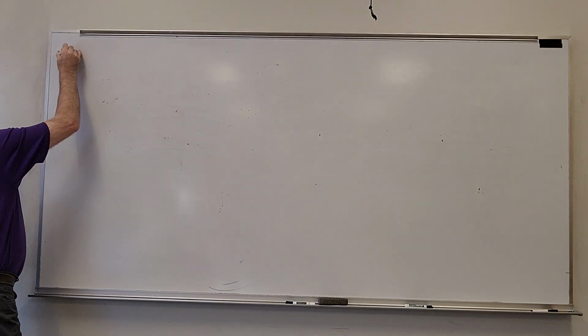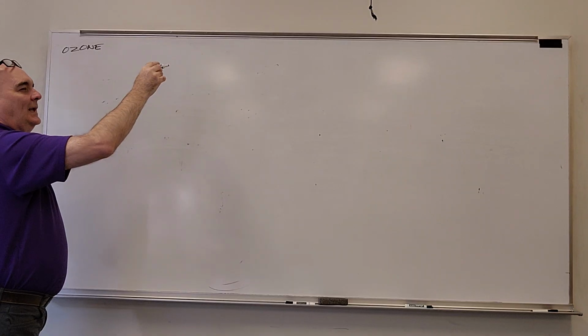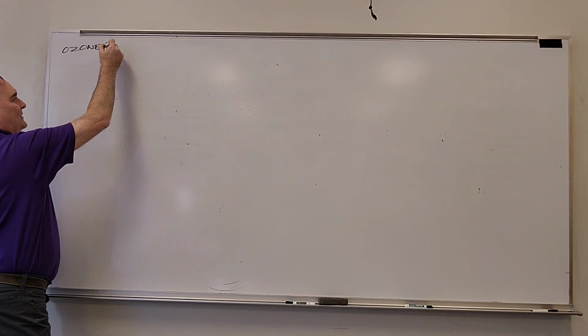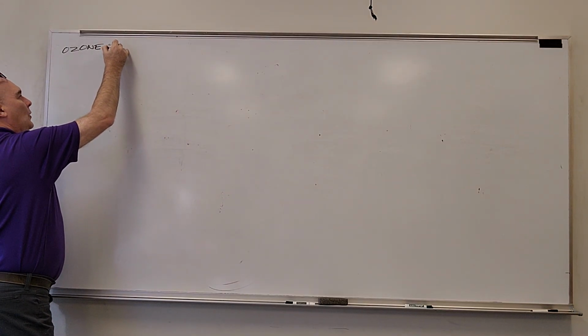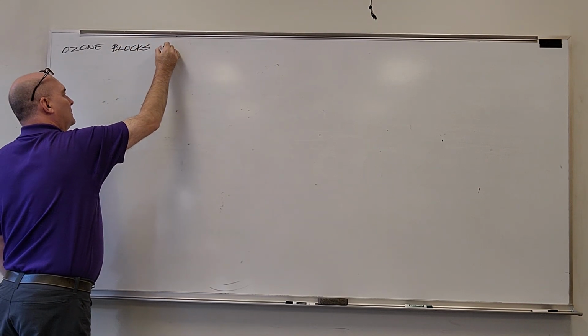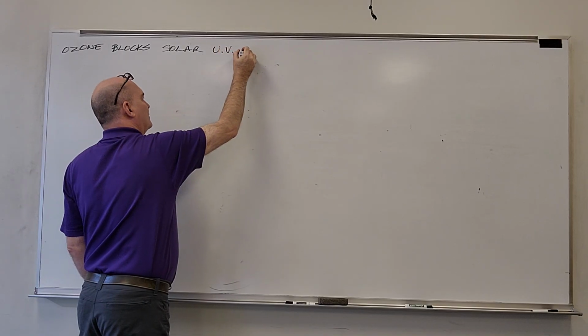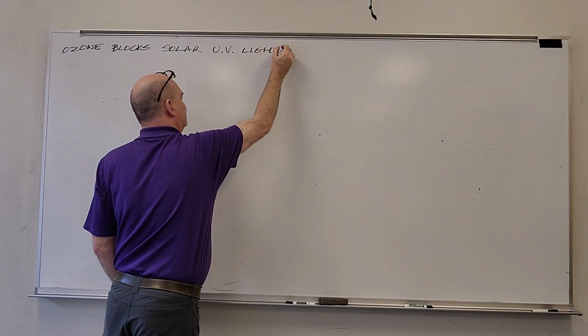Specifically, let's write a couple of facts down and then investigate how much more is available to us. Ozone blocks solar ultraviolet light.